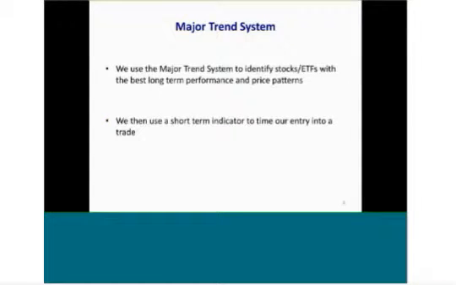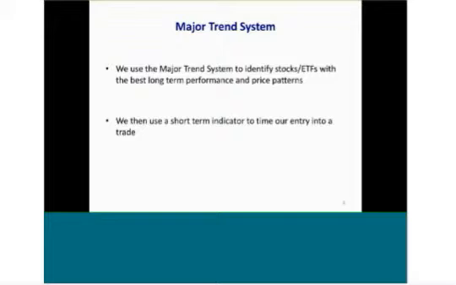So the goal of the major trend system is to identify stocks or ETFs with the best long-term performance and price patterns, and I'll show you what we mean by price patterns here in a minute. And then we use a short-term indicator to help time our entry into a trade, whether it's a stock trade or an option trade.